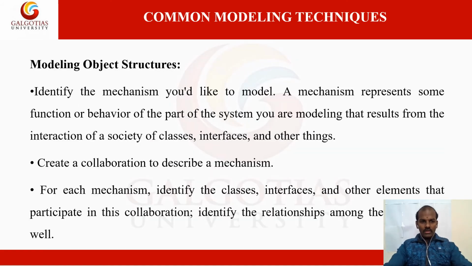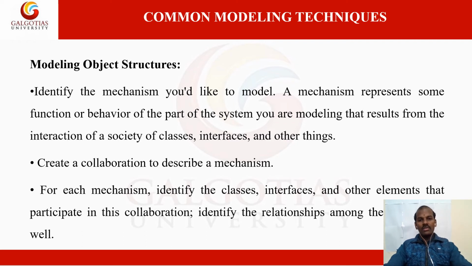The next topic is modeling object structure. Identify the mechanism you would like to model. A mechanism represents some kind of function, behavior, or method in a part of the system, which you can model as the result of the interaction of a society of classes, interfaces, or other things.